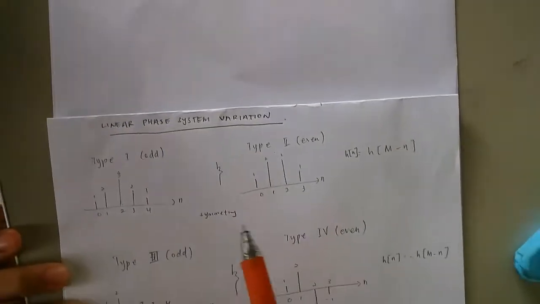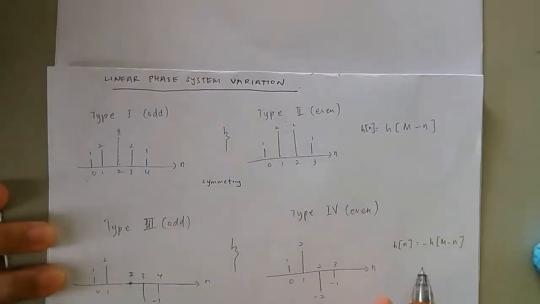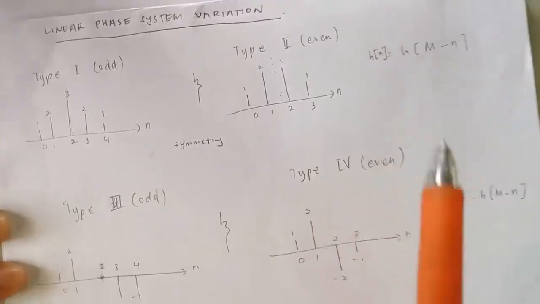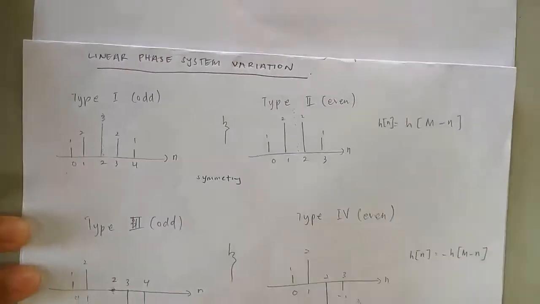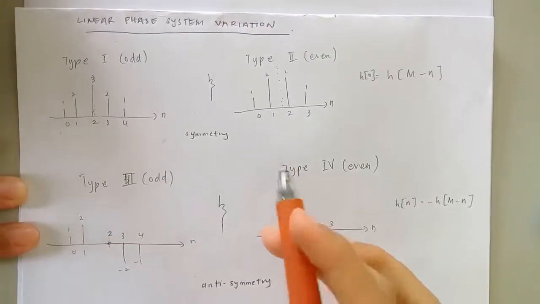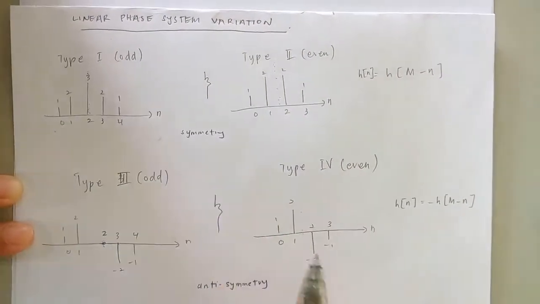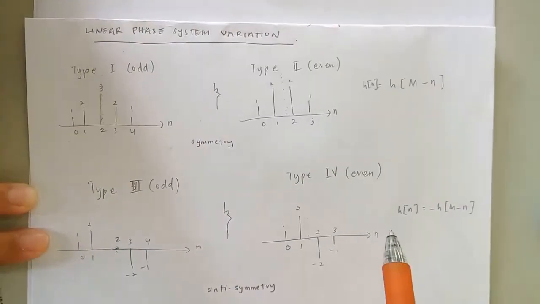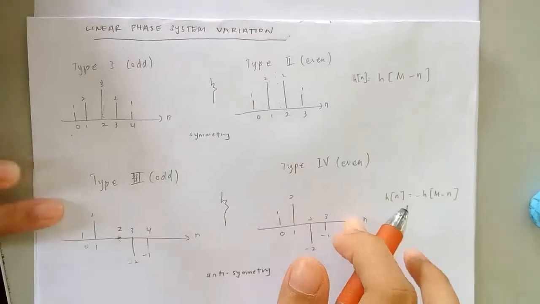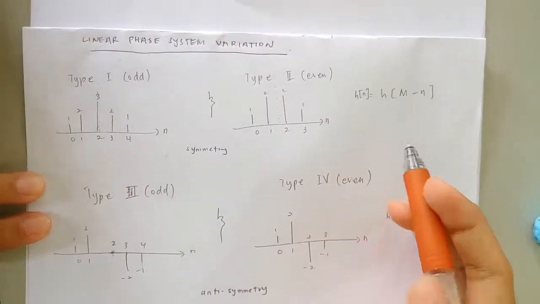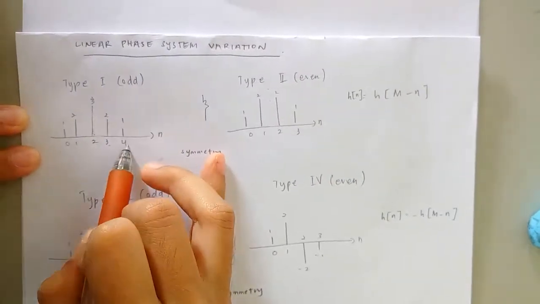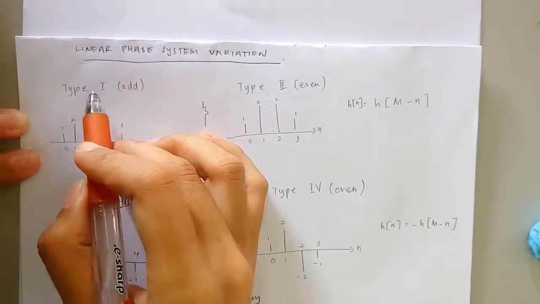Next is the linear phase system variation. There are 4 types of linear phase system, which are type 1, type 2, type 3 and type 4. Type 1 and type 2 are examples of symmetry systems, and type 3 and type 4 are for anti-symmetry systems. Type 1 is an odd system, 0, 1, 2, 3, 4, and it will be mirrored at point 2.